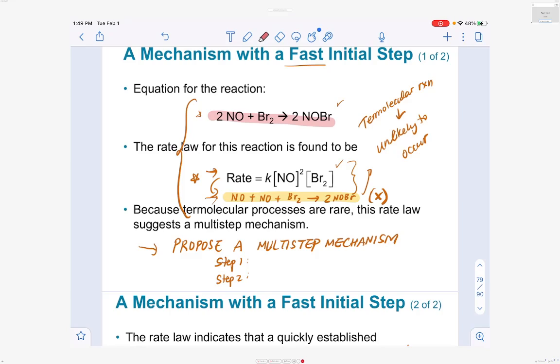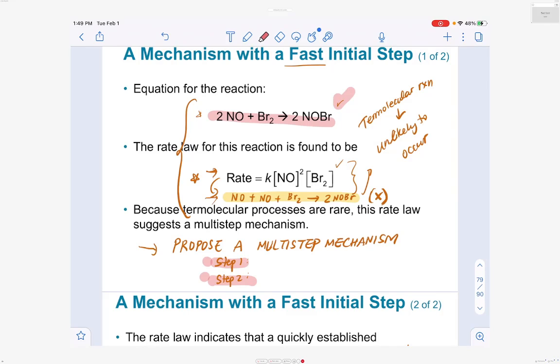Okay, so we want to come up with the step 1 and step 2 mechanism that agrees with the overall equation. We are only provided the overall equation, but we don't know the step 1 and step 2 reaction mechanism. So we want to find out the step 1 and step 2 mechanism. That's what we're doing. Is that clear?